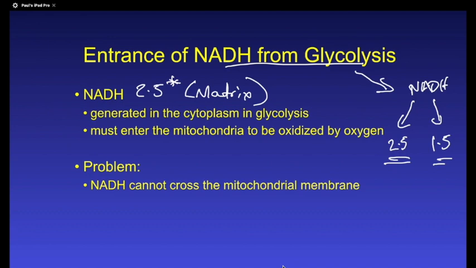It all depends upon how the electrons get through the mitochondrial membrane. Because NADH cannot be transported across. There's no protein to make it go through, and it's polar enough not to be able just to diffuse through. So there is an issue.